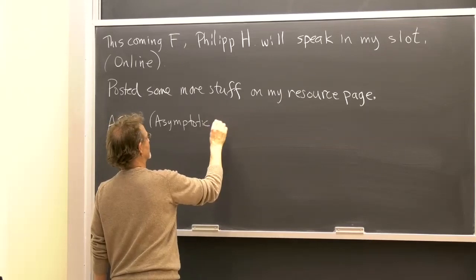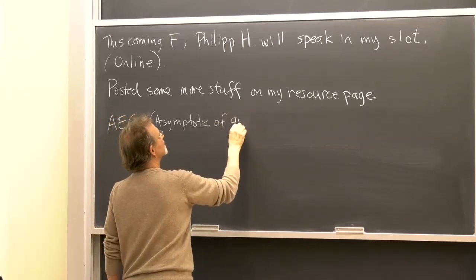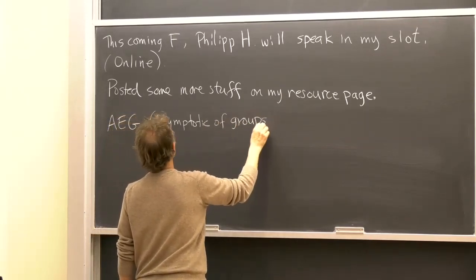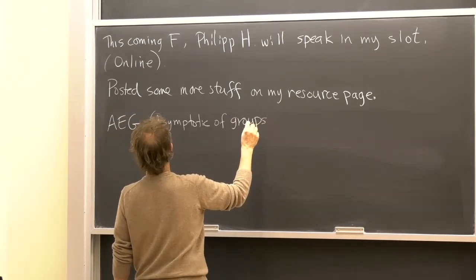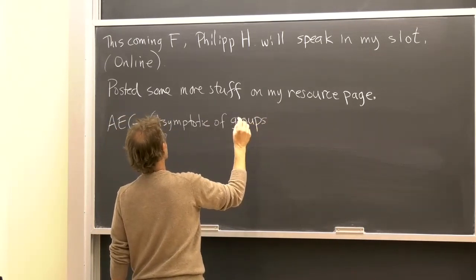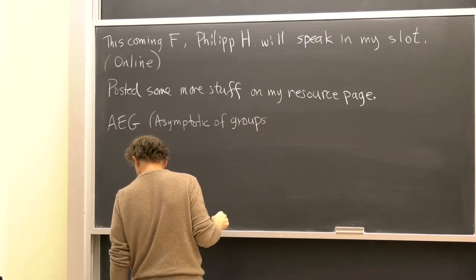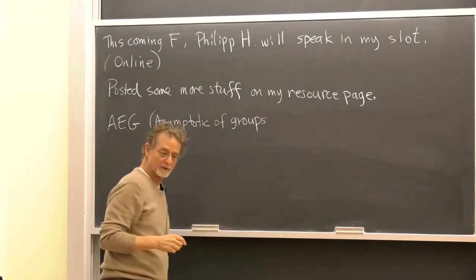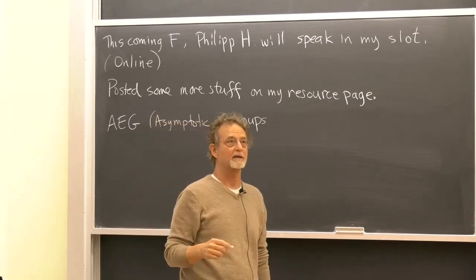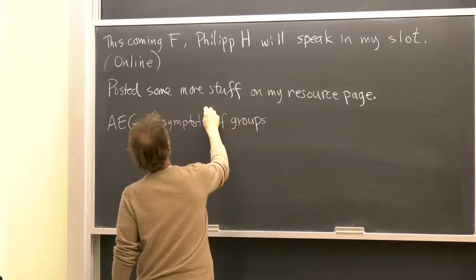It's a lot easier to say AEG. Asymptotic, what is it I call it? I can't remember even now what the words are. Asymptotic extraction. Ah, that's what it is.